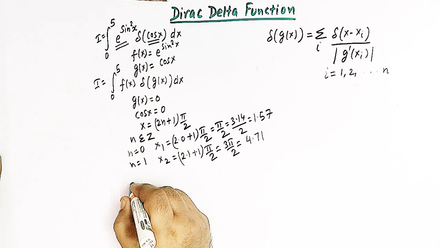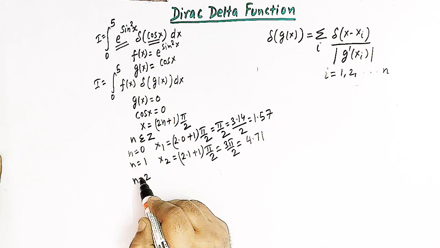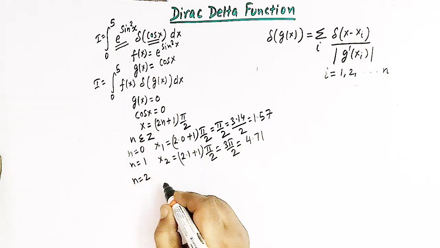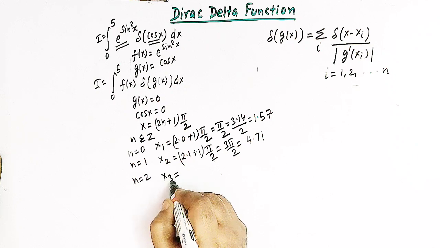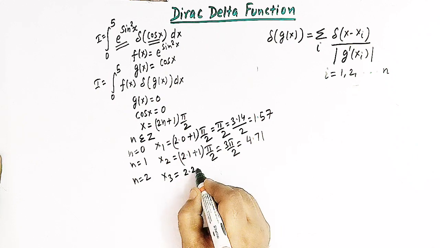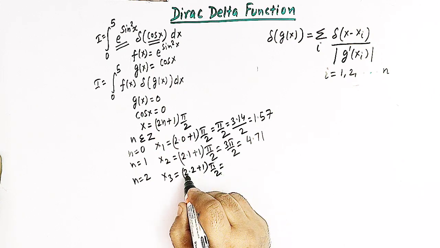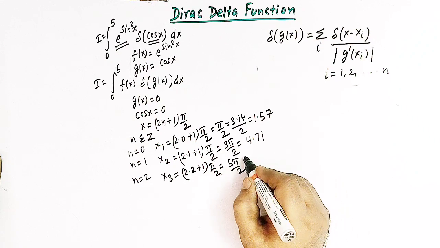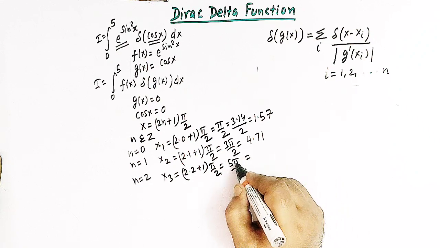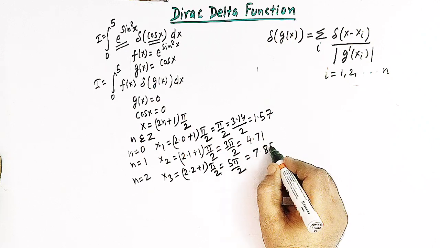Now let us take n equal to 2. Although we cannot take n equal to 2, because if we do, then the root x3 is (2 times 2 plus 1) pi by 2, which is 4 plus 1, 5, so 5 pi by 2, and this is approximately 7.85.